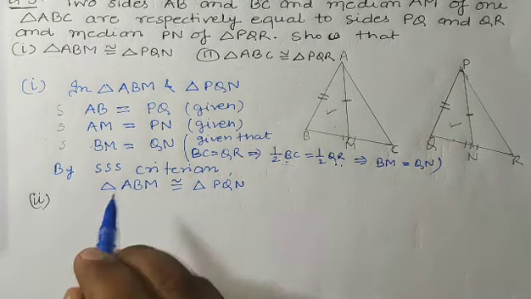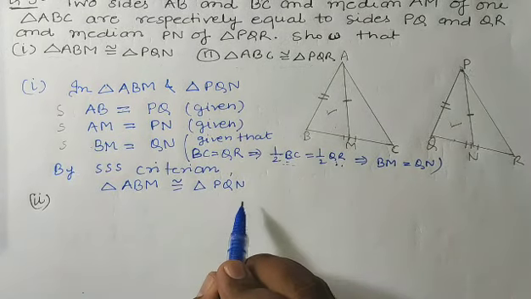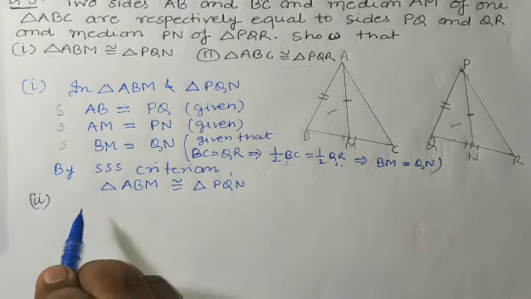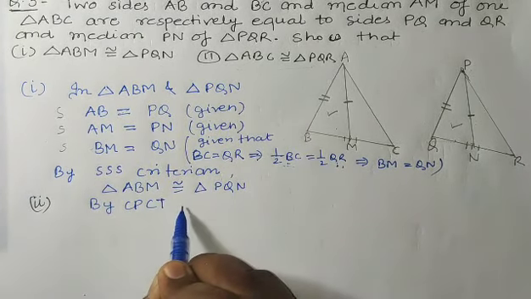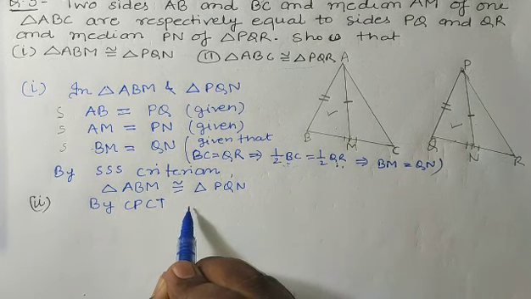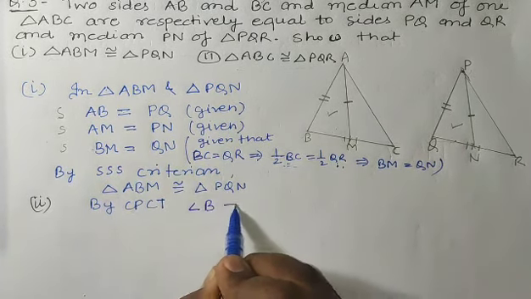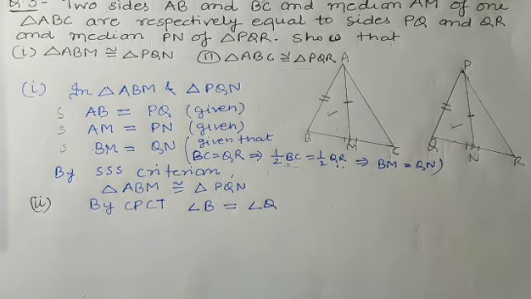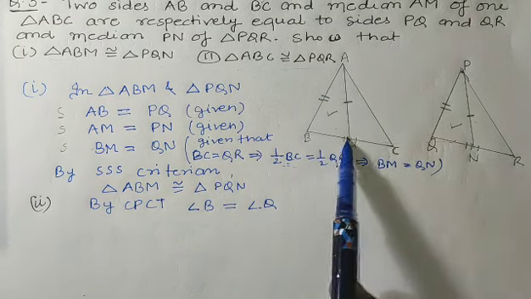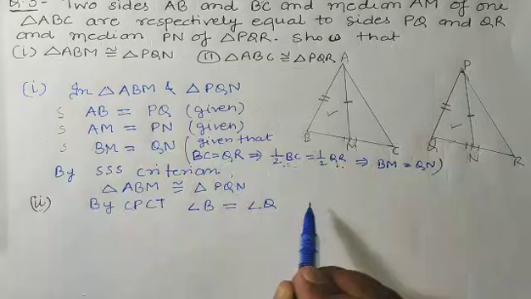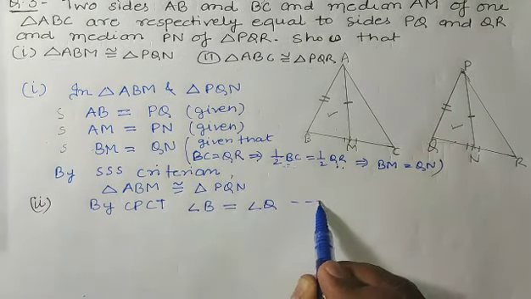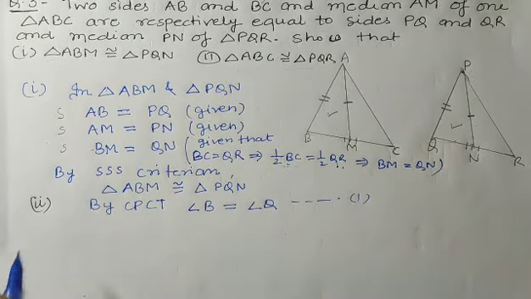Now students, since we have shown that triangle ABM is congruent to triangle PQN, by CPCT we can write that angle B is equal to angle Q. Of course we can write it, because if the triangles are congruent, their corresponding parts will be equal. Suppose this result is 1.